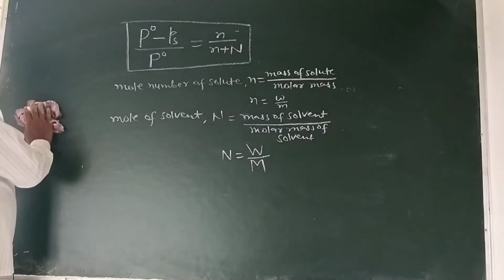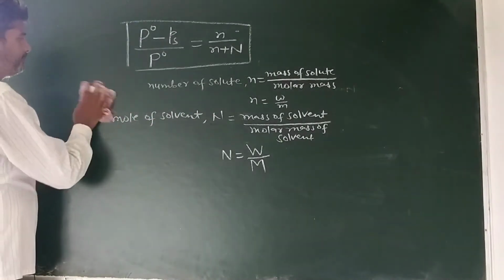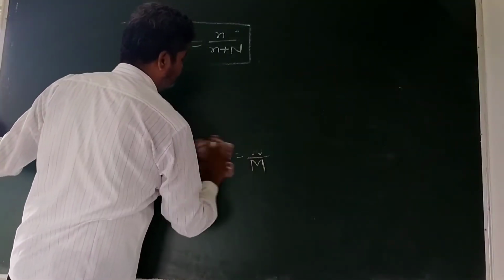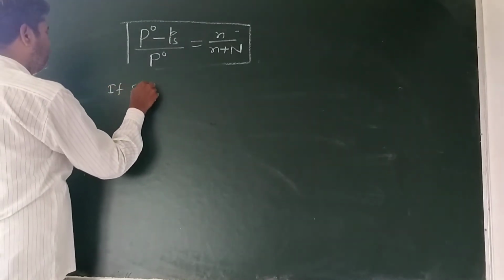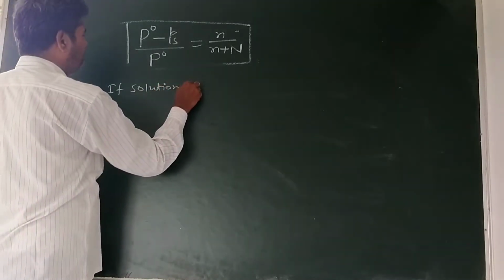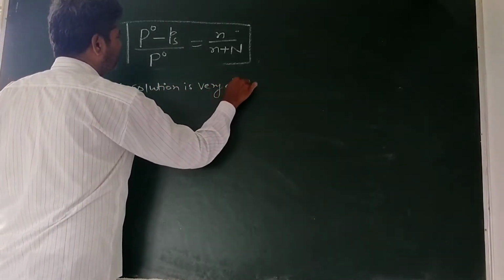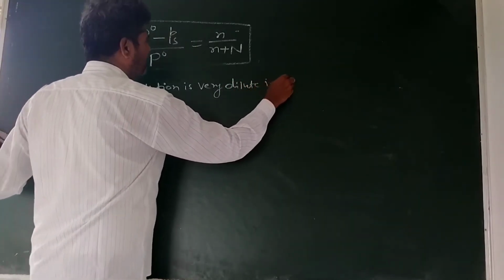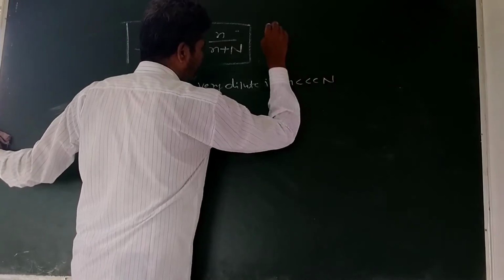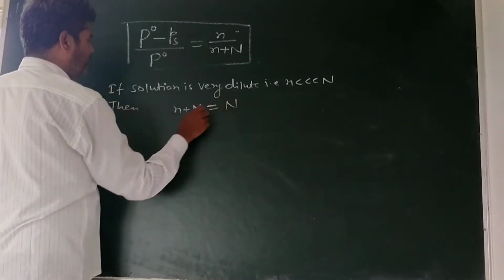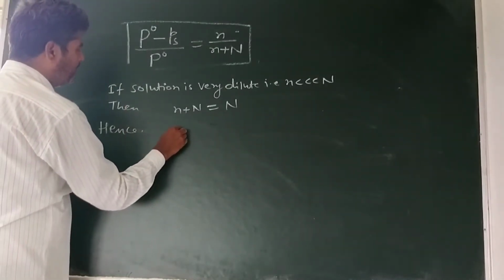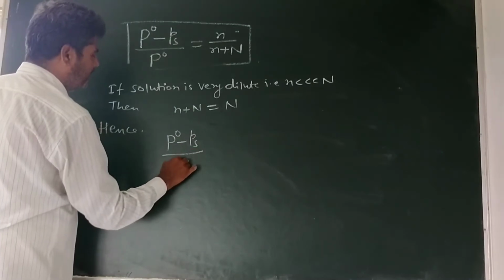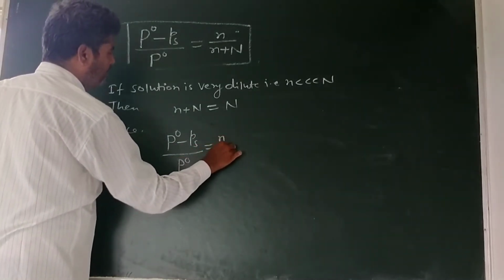A particular case for this: if the solution is very dilute, that is small n very much less than capital N, then n plus N is equal to simply N. Hence the above equation may be represented as P standard minus Ps upon P standard is equal to small n by capital N.